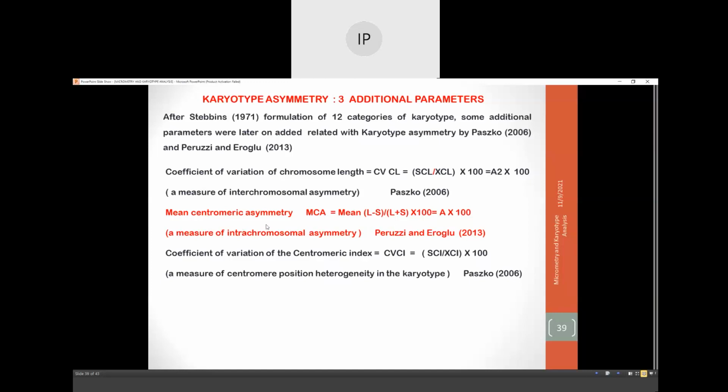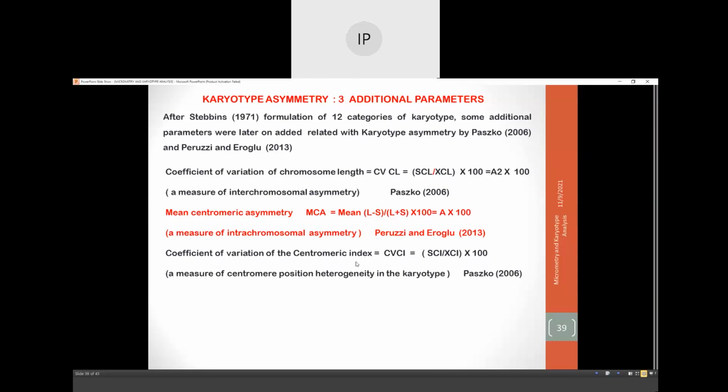Mean centromeric asymmetry, MCA, that is mean L minus S divided by L plus S into 100, or A into 100, a measure of intrachromosomal asymmetry. It was given by Peruzzi and Eroğlu 2013.